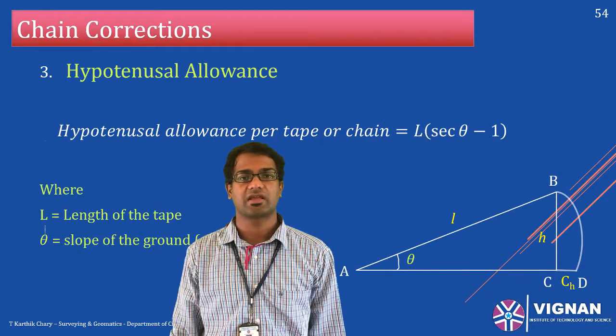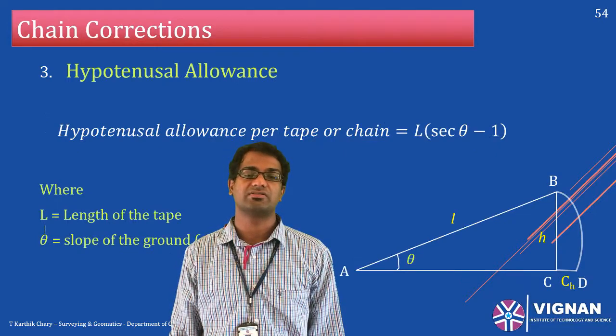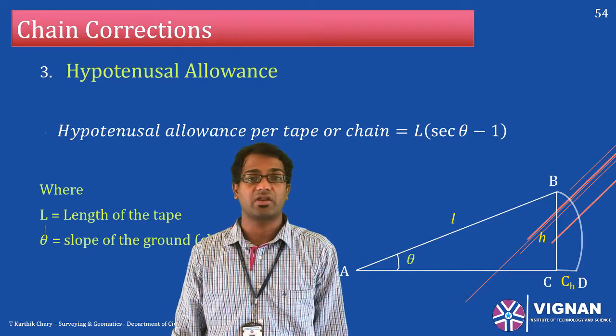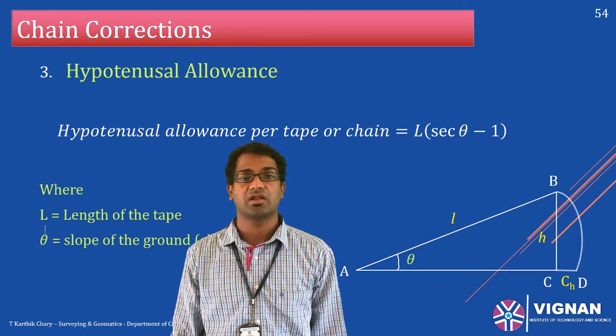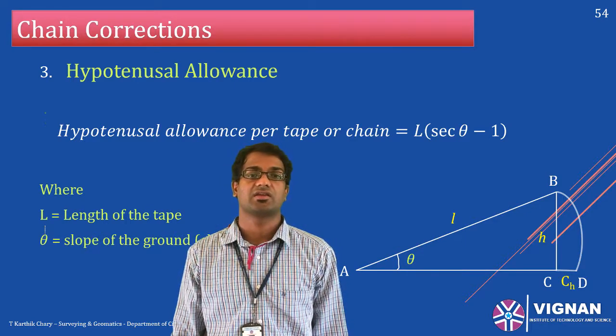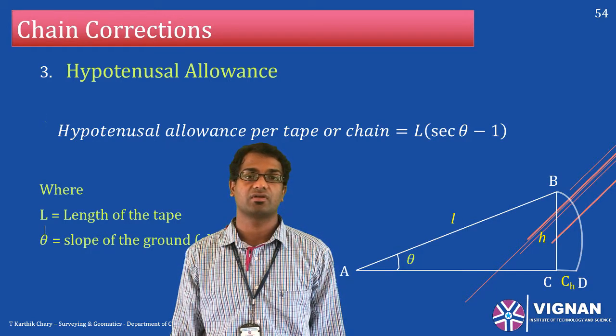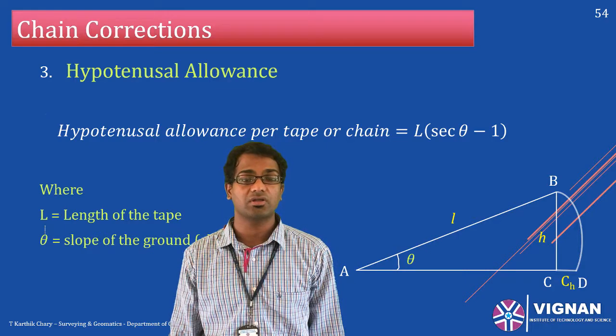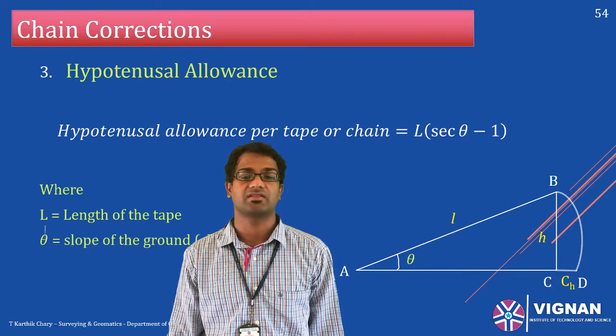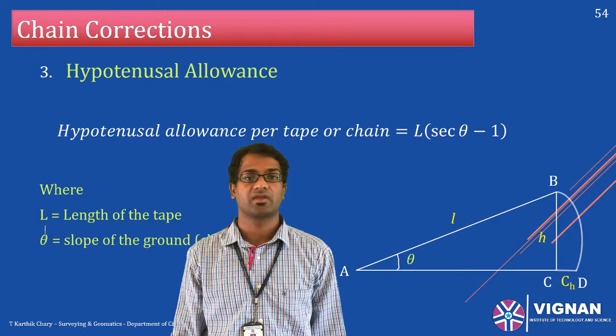Third correction is hypotenusal allowance. Hypotenusal allowance is done when you find that your chain is in a sloped condition, but you require the horizontal length, as shown in the figure.